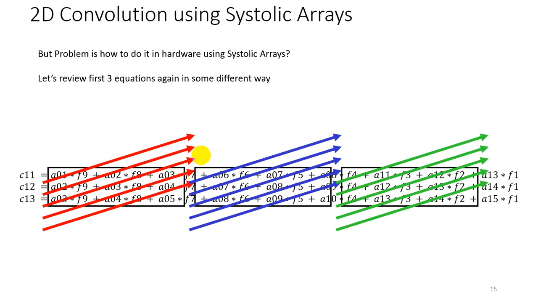So we need a specific architecture, like a systolic array, which can exploit the dependency of this data to its maximum. So we are trying to port this convolution on a systolic array, and we see how we can have better results.